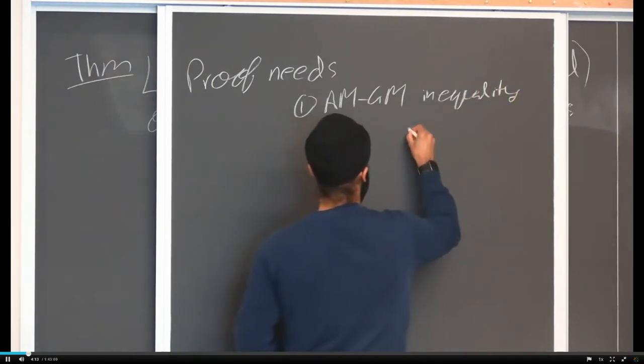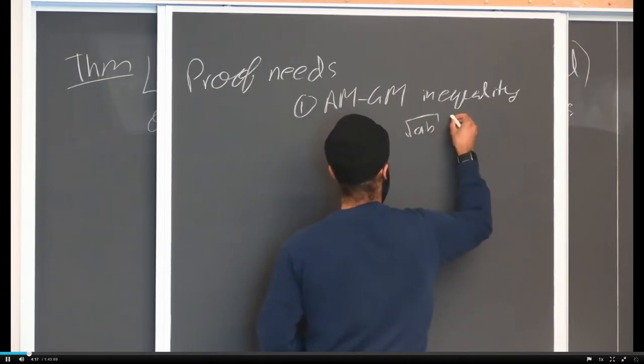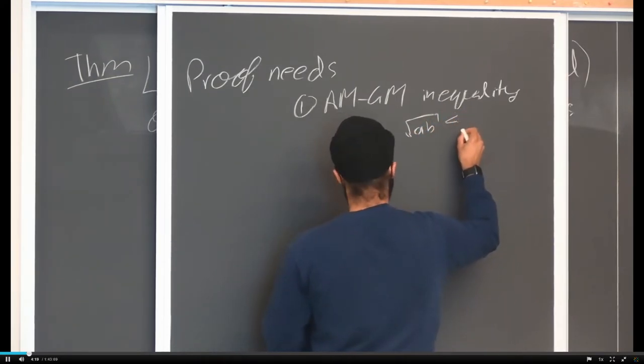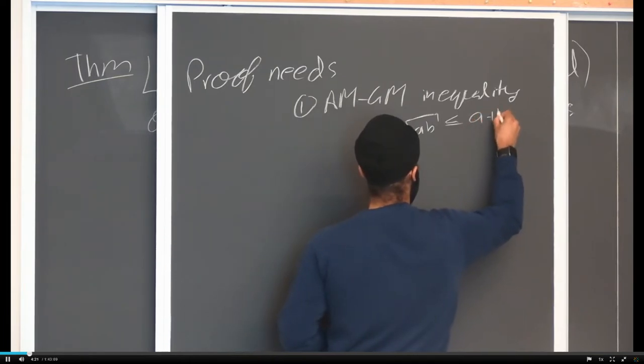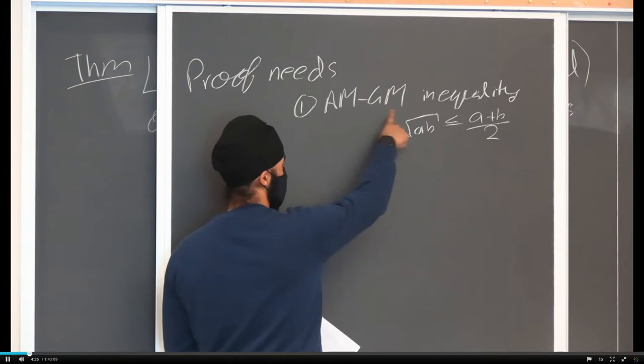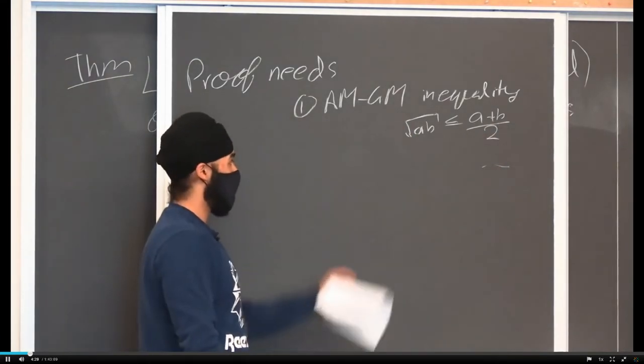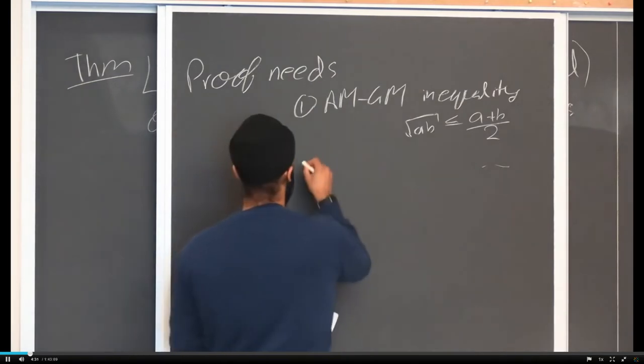This states that the square root of A times B is always going to be less than or equal to A plus B over 2. So this is the geometric mean, and this is the arithmetic mean. You guys have probably seen this before.